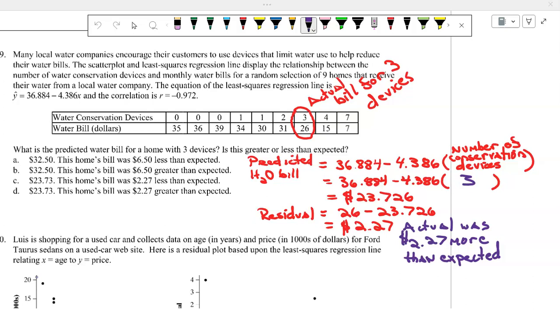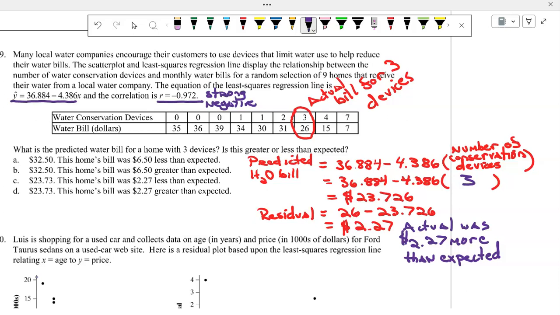Okay, the equation of the least squares regression line is right here, and this is our correlation. So we've got a strong negative correlation, which means as the number of devices goes up, your water bill goes down, which makes sense, because you're using conservation devices, you're conserving water.